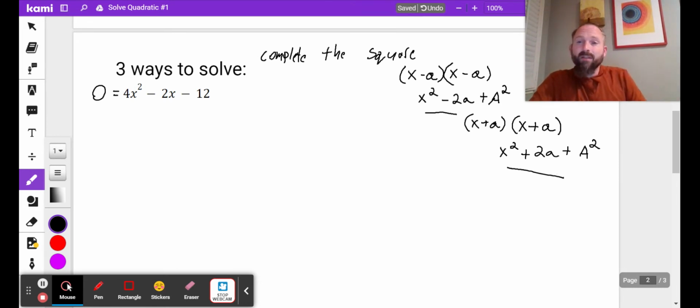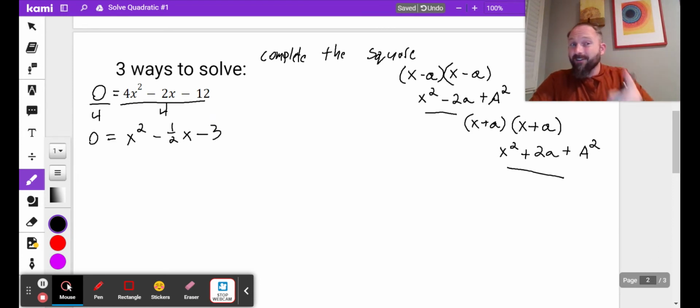So now let's see. First thing I want to do is divide by 4 on both sides, which is easy because 0 divided by 4 is 0. Then I'm going to get my result of x squared minus 1 half x minus 3 is equal to that. Now I have to figure out what times 2 will equal this number right here.